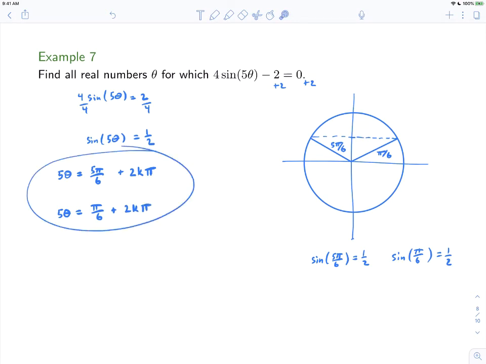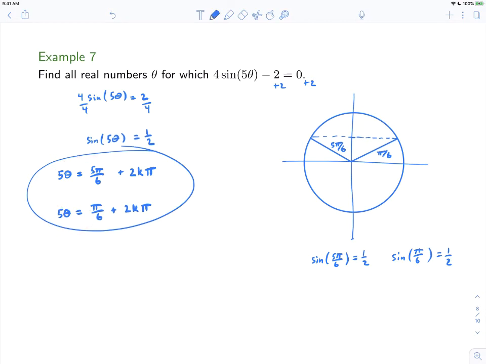So we know that sine of pi over 6 is 1/2, and we're looking for all of the 5 thetas such that sine of 5 theta gives us 1/2. So that means 5 theta must be pi over 6. Well, the other option is 5 pi over 6. Now, our objective isn't to solve for 5 theta. We want to find all real numbers theta for which this is true. So all we have to do now is divide everything by 5.